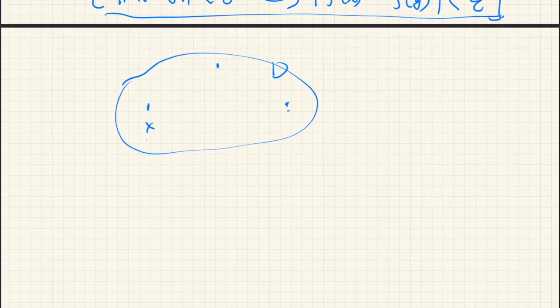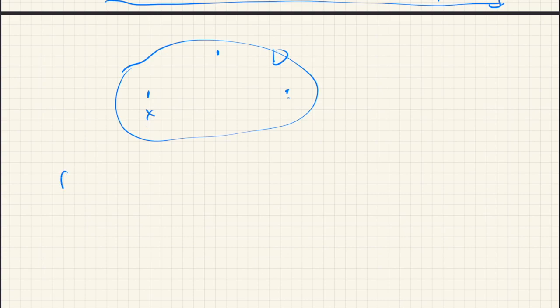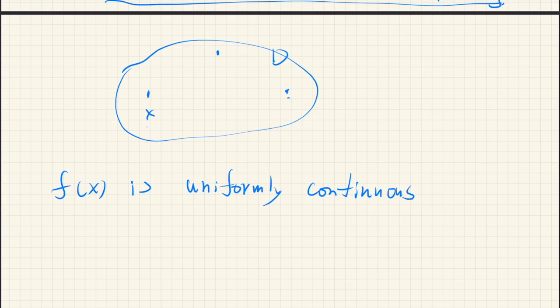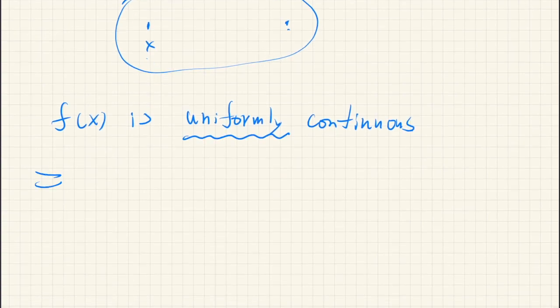On the other hand, if f of x is uniformly continuous, this part is important. The definition of uniform continuity is the following.